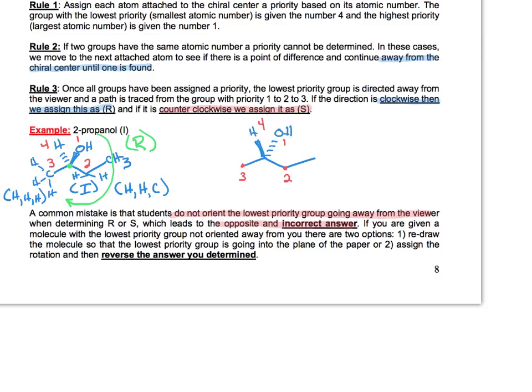Remember, to assign R and S, you need to have your lowest priority group going away from you into the plane of the paper. Right now, our highest priority group is actually going into the plane of the paper. The big no-no is that we've got our lowest priority group coming out at us and not going away from us.